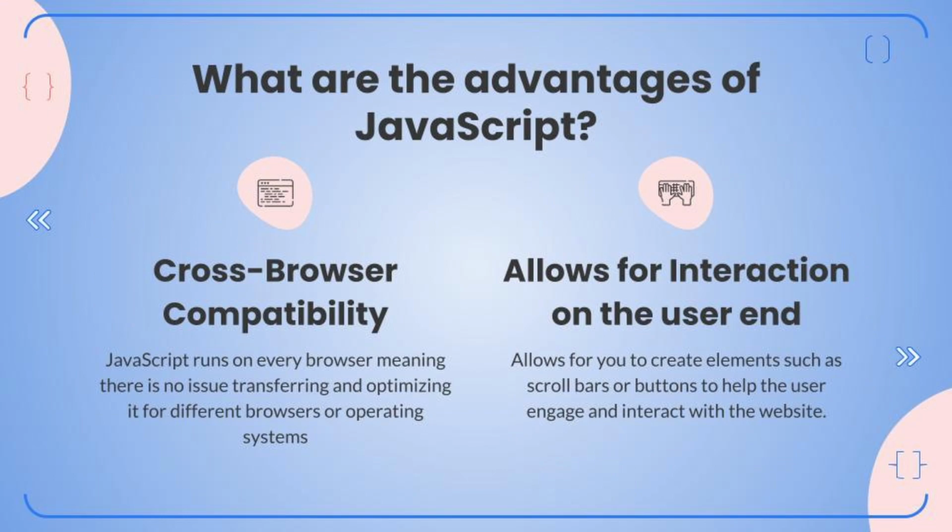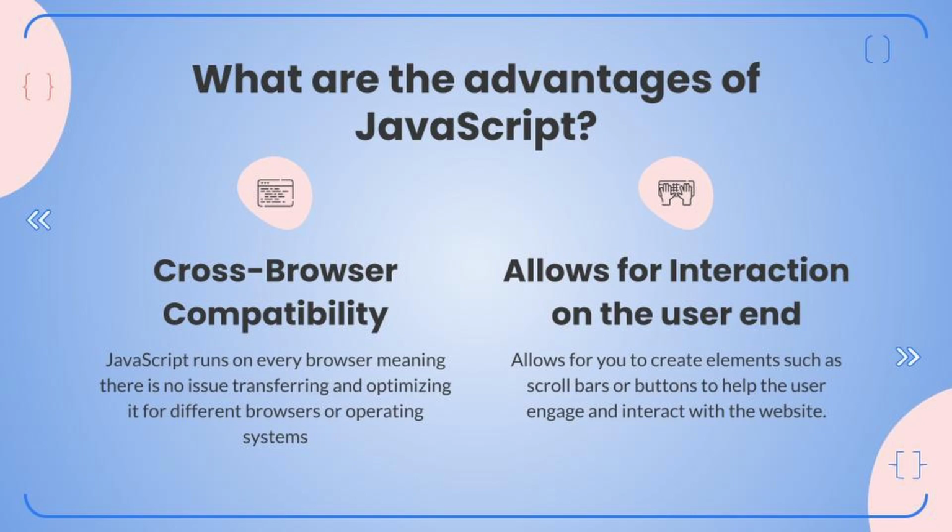Now let's talk about the role of JavaScript. JavaScript is the programming language of the web, and its importance cannot be overstated. Here's a few reasons why. JavaScript runs on virtually every web browser, making it a versatile choice for web developers. This ensures a consistent experience for users regardless of the browser they use.